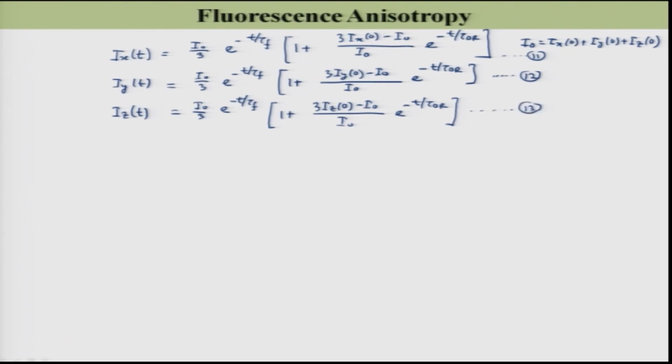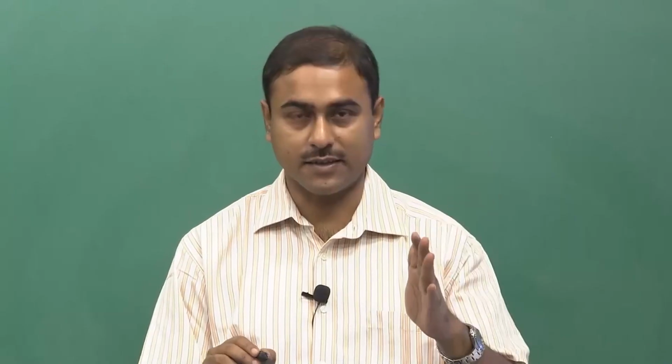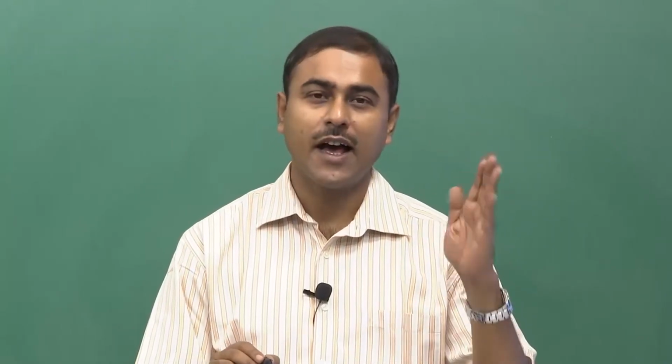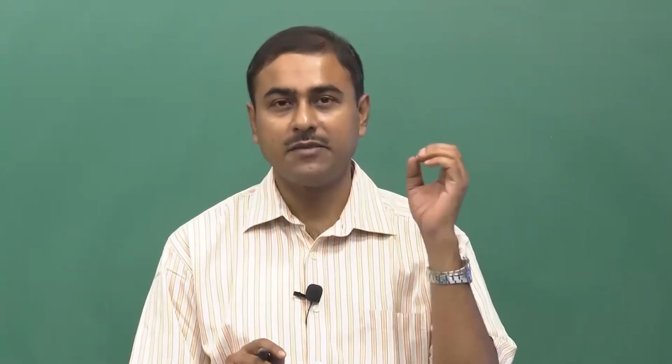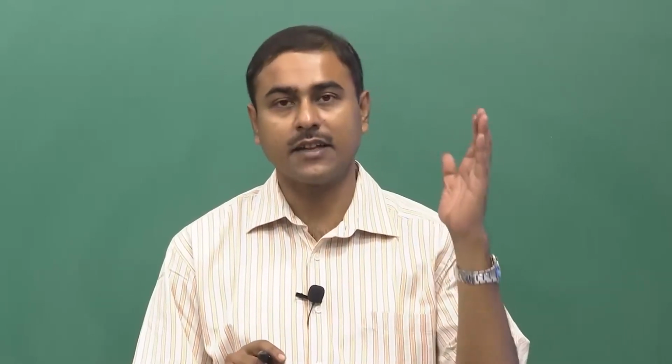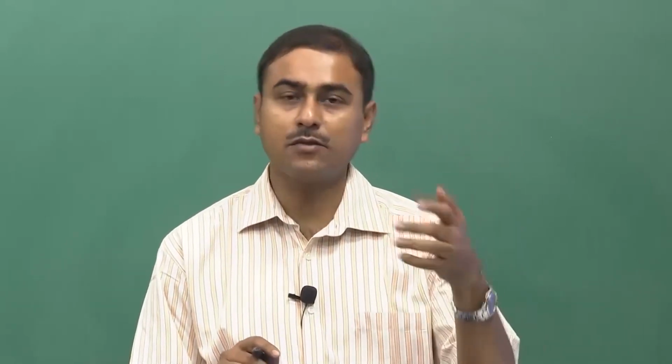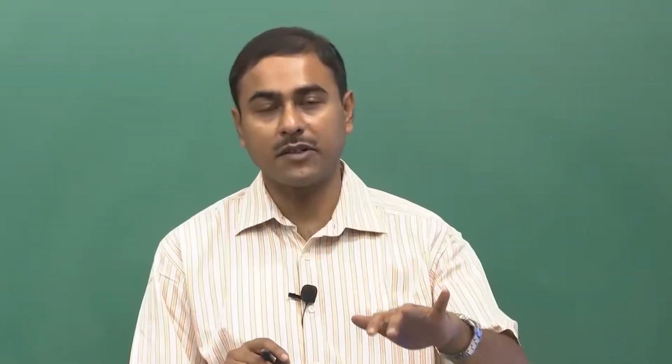Now, I will put this condition. If my x axis is the polarized excitation, right, and the excitation light is polarized along x axis, then I x will be I parallel, and I y will be I perpendicular, and I z will be I perpendicular. That is my condition.